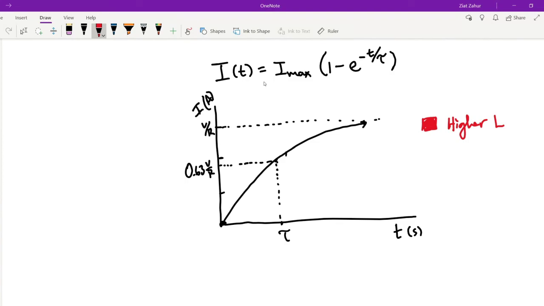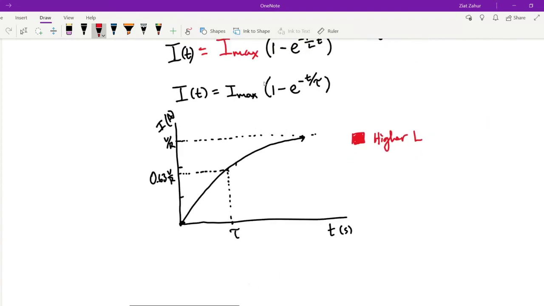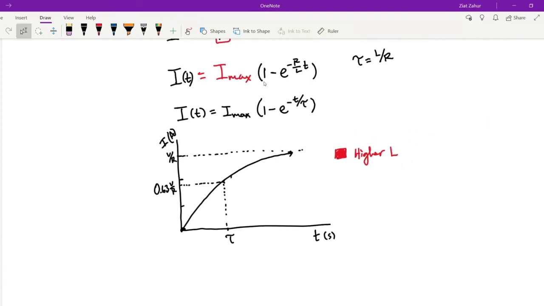Well, if L is bigger, just take a look at the equation. L is in the denominator. So if your denominator is bigger here, what does that mean?